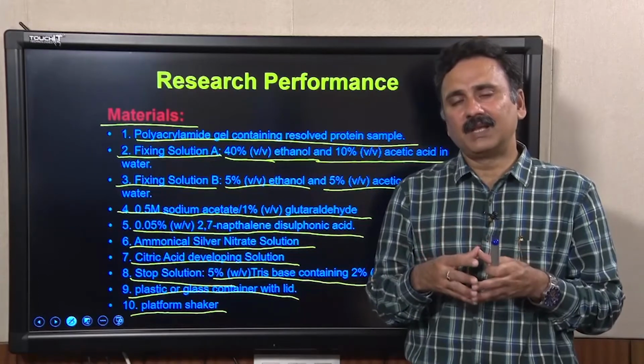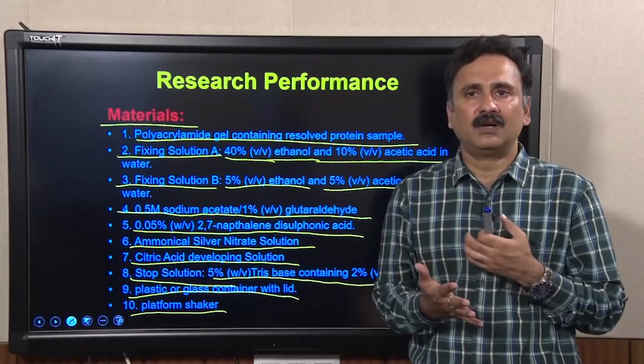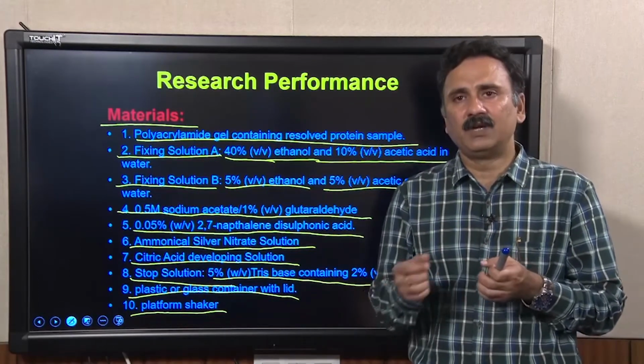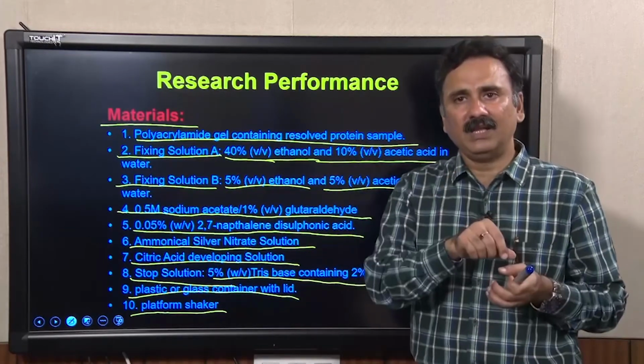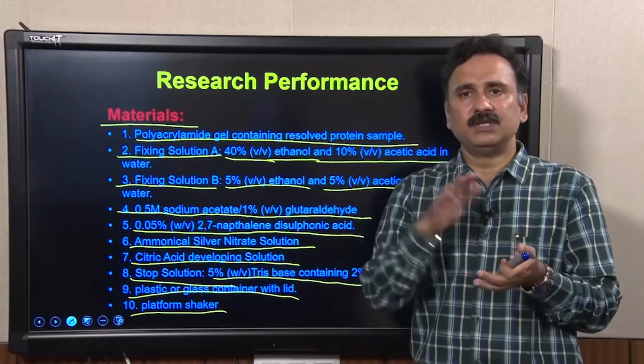When you remove them, the silver goes onto the inner surface of the gloves, and when you wear the old gloves again, it goes onto your hand.